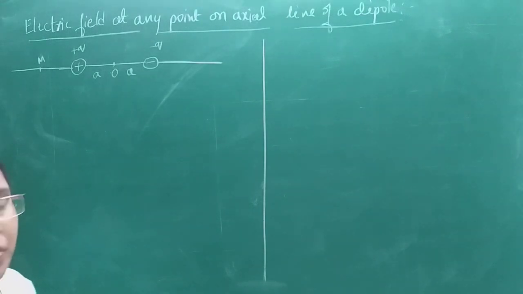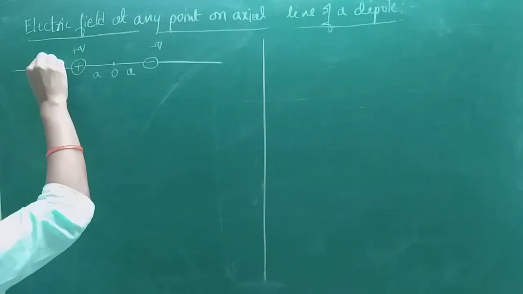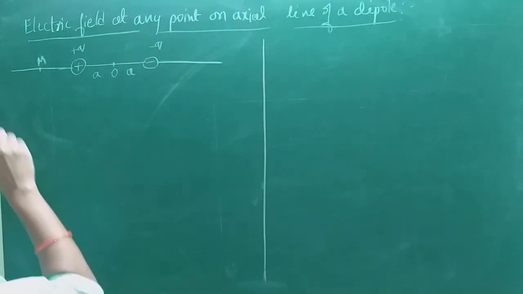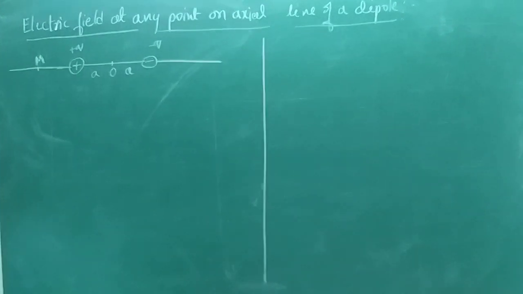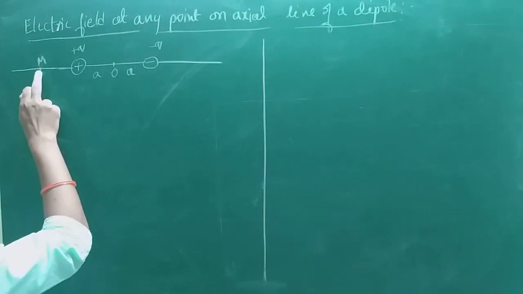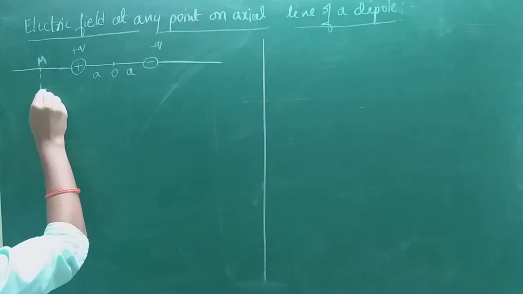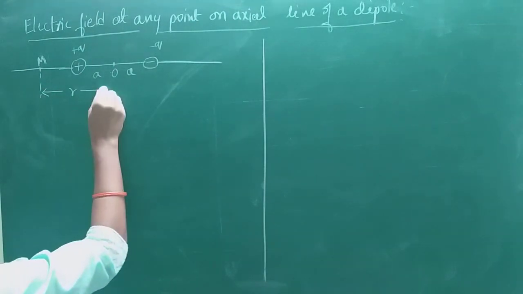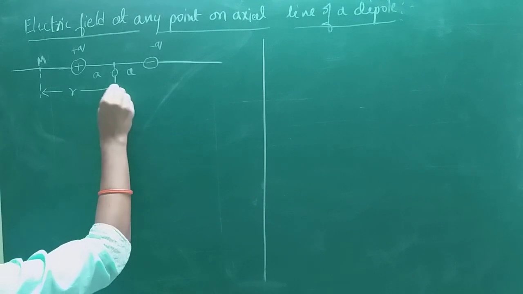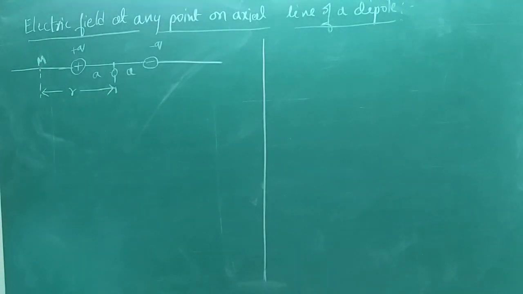Here I am taking M as an observation point. At this point, we need to find the electric field due to both the charges in the dipole. Let us consider this observation point is at a distance r from the dipole center.